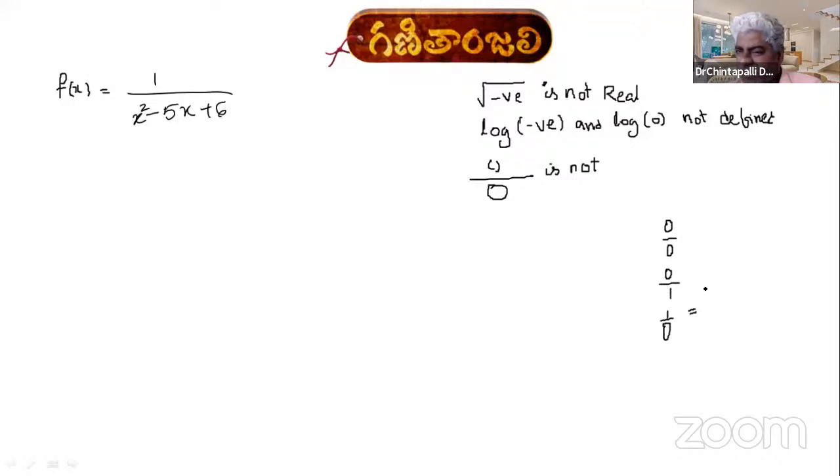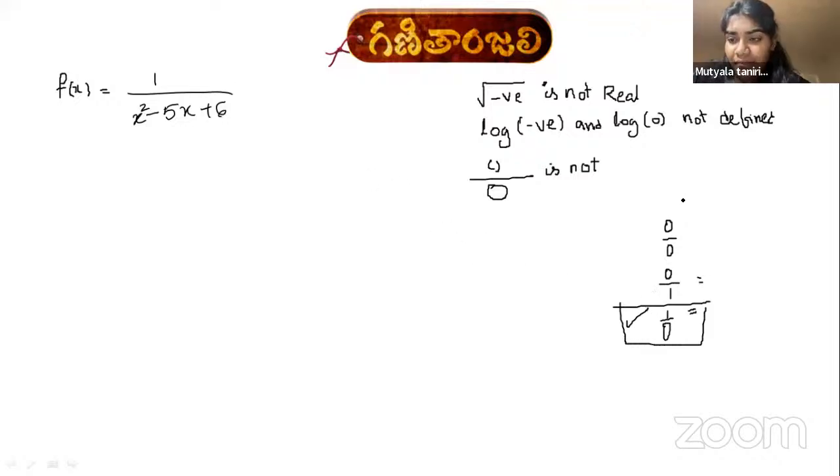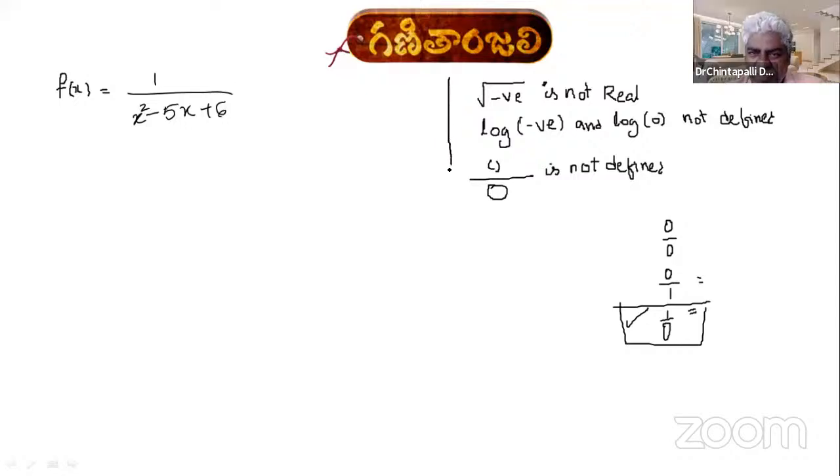I told its values also. In limits, it is okay. But in algebra, it is not accepted. It is not defined. By using these 3 points, we can find the domain of a function.